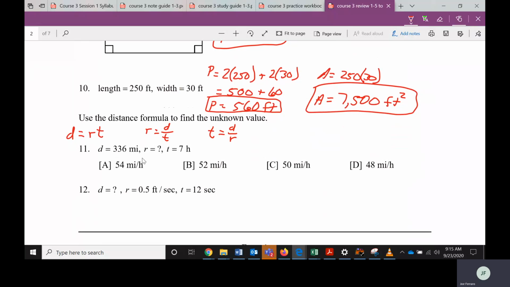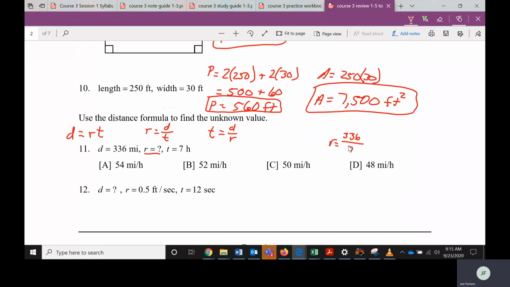So number 11, you're missing the rate. Okay, so I'm going to do it over here. So if I'm missing the rate, I'm going to use that middle formula. The distance is 336. The time is 7.